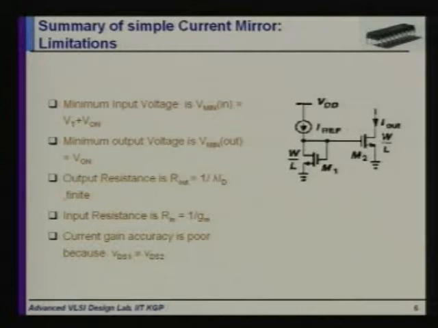Then the input resistance: we know the input resistance of the diode connected NMOS is nothing but 1 by gm, where gm is the transconductance parameter of MOS. Last one, the main limitation, is that the current gain accuracy is poor because VDS1 is not equal to VDS2, that is, VDS2 solely depends on the driving circuitry.